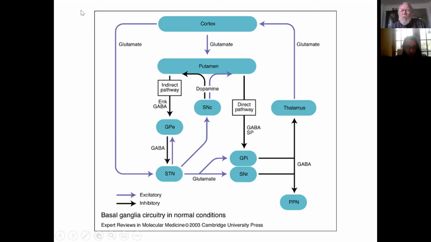So what we can see here, if we start out from the thalamus and look at sensory input coming in, is largely a glutamatergic input into the cortex. And the cortex, in turn, will either excite the neostriatum, caudate, and putamen, or it will go all the way down and cause excitation through glutamate of the subthalamic nucleus.